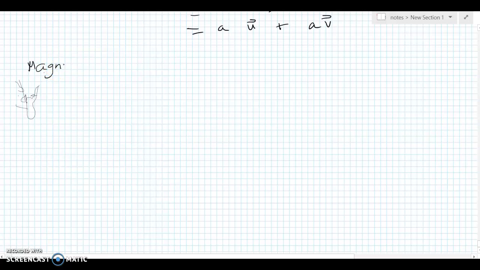Okay, so magnitude means length of a vector. Let's just put in a vector. There's the vector. And I'm just going to put it on a coordinate axis.